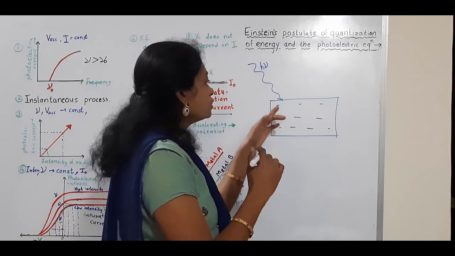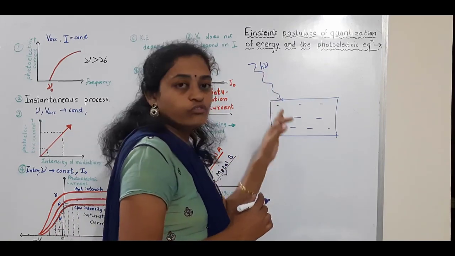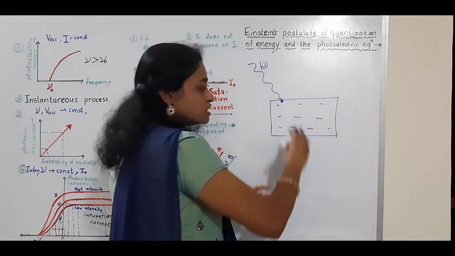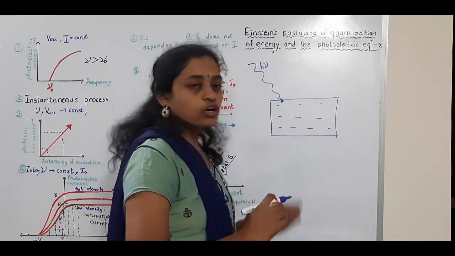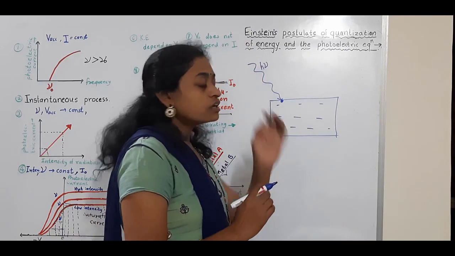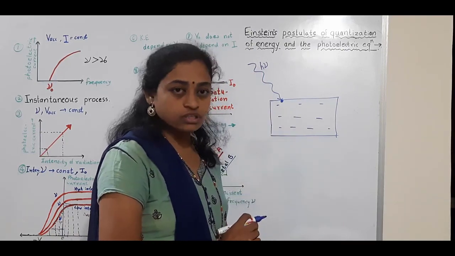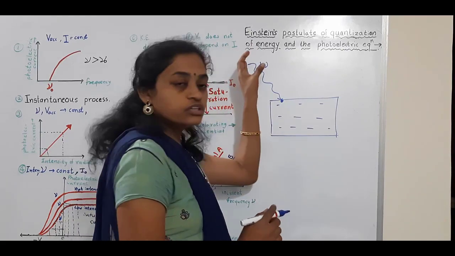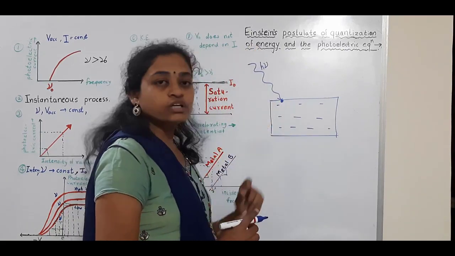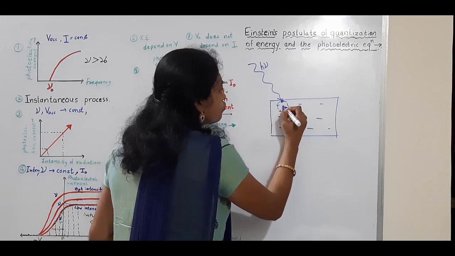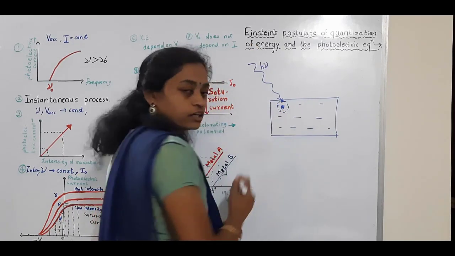The energy of the photon is given to the electron. Total energy is absorbed by the electron. The second assumption of Einstein is that this collision is inelastic, means total energy h nu is given to the electron, which is present in the atom.